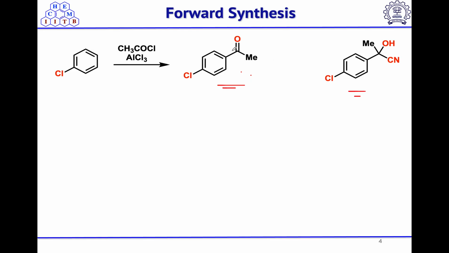If you see this compound, we are getting an alcohol here, so we can do cyanide addition. If we add cyanide to this ketone, we will get this alcohol, a cyanohydrin. Using potassium cyanide or sodium cyanide is better.